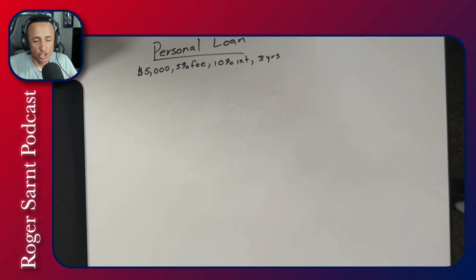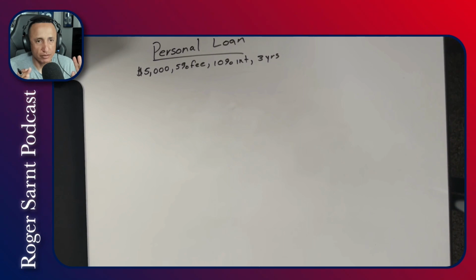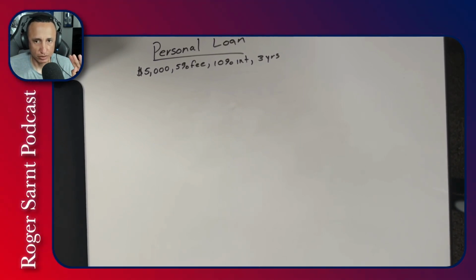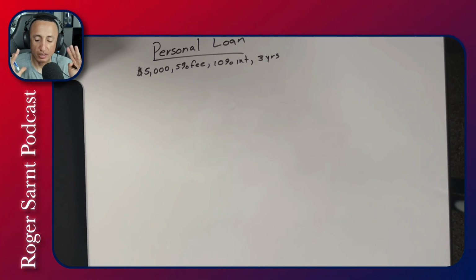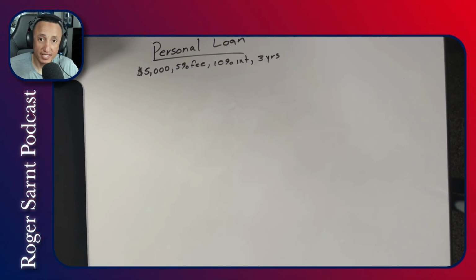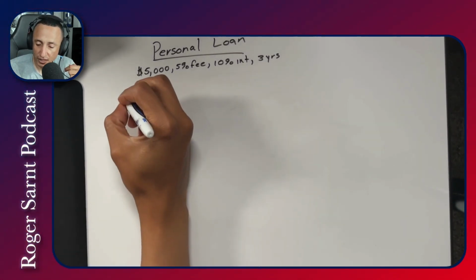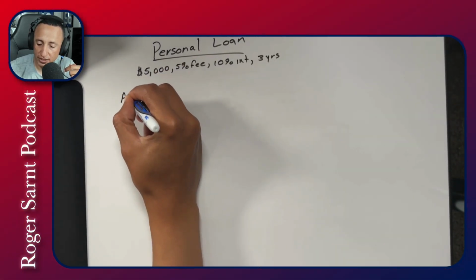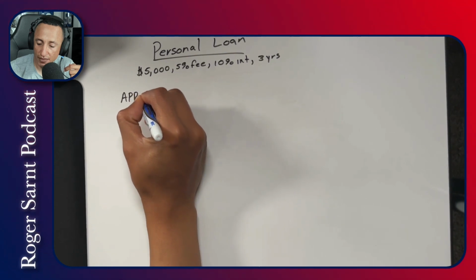All right. So in order to calculate your personal loan, you have to follow an equation. And here we go. What we're trying to do is find the APR on that personal loan.